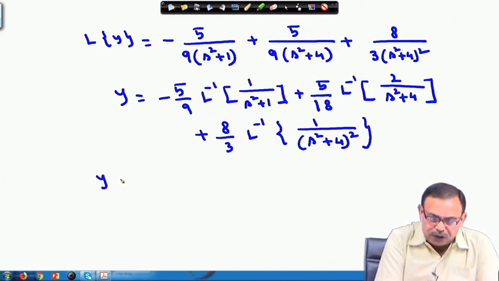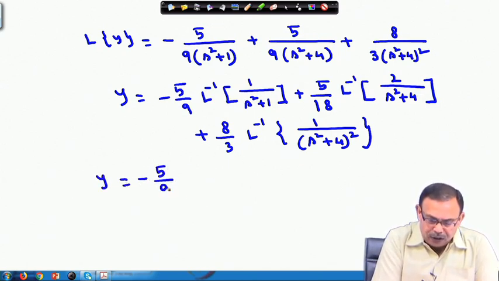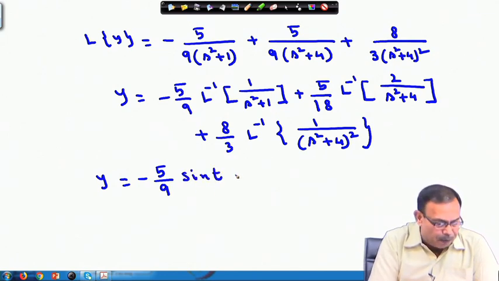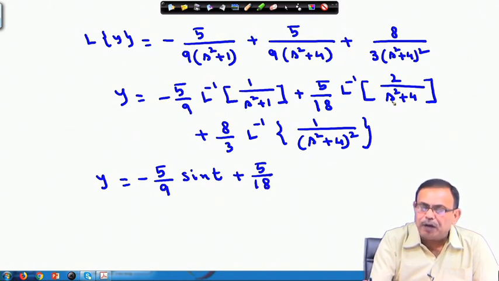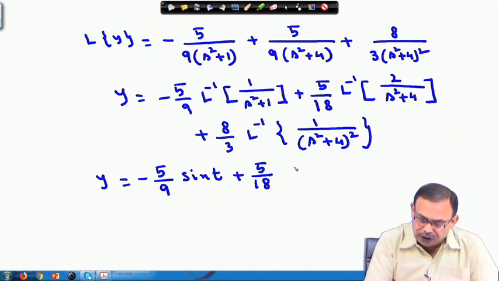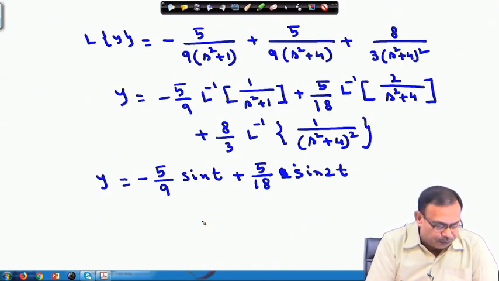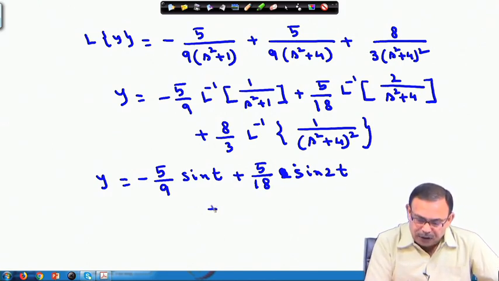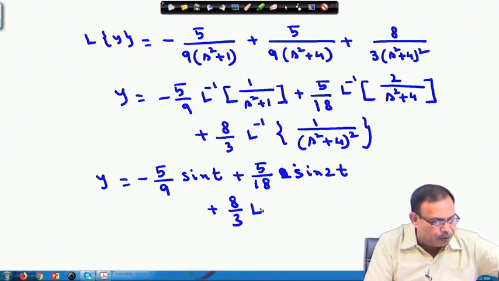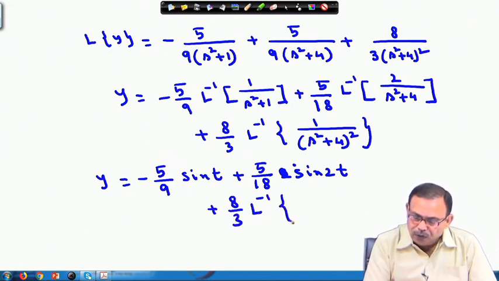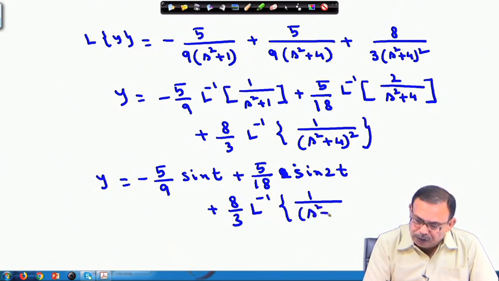So, y equals minus 5 by 9 times the inverse of 1 by s square plus 1, that is sin t, plus 5 by 18 times 2 by s square plus 4, that is a by s square plus a square, so it will be only sin 2t. That is 5 by 18 into sin 2t plus 8 by 3 into Laplace inverse of 1 by (s square plus 4) whole square.